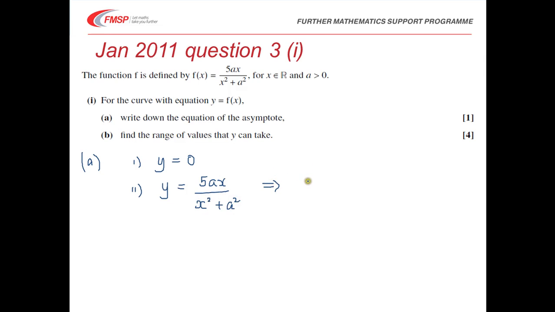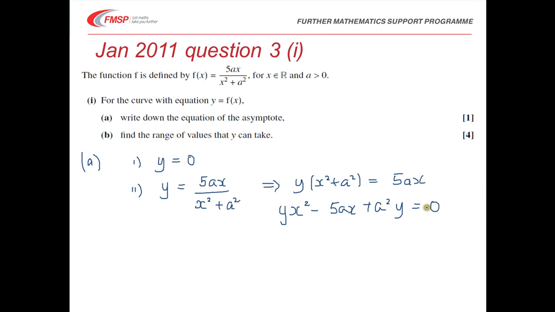So we'll have y lots of x squared plus a squared equals 5ax, and if we rearrange that we'll get yx squared minus 5ax plus a squared y equals 0.